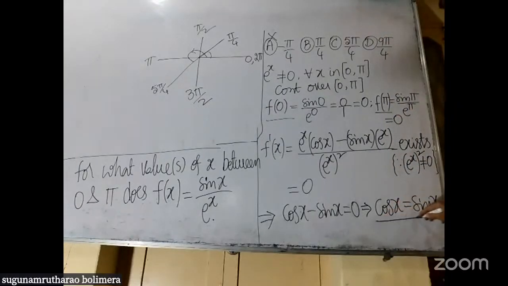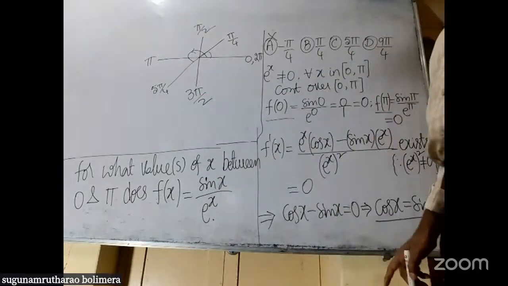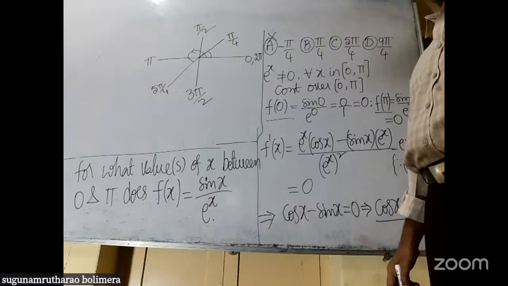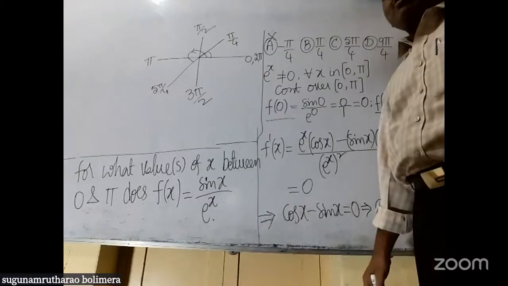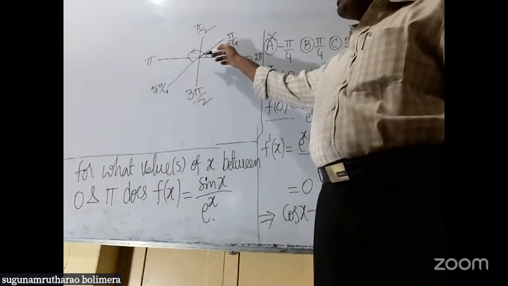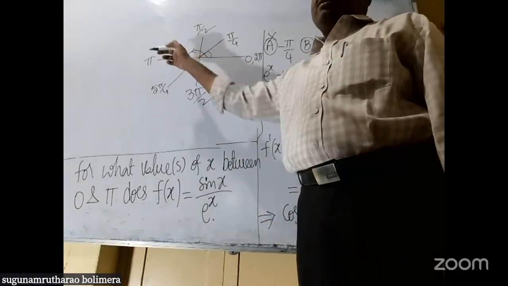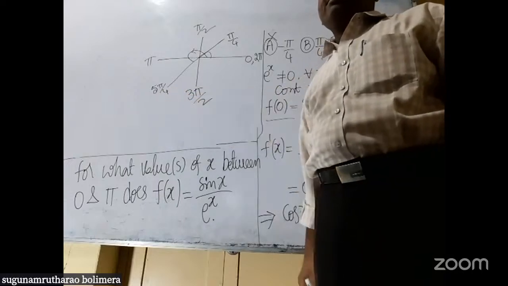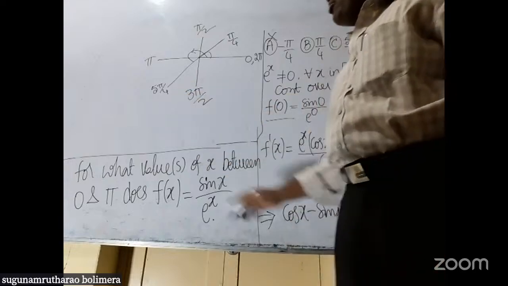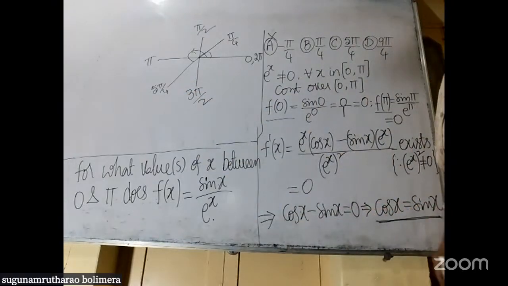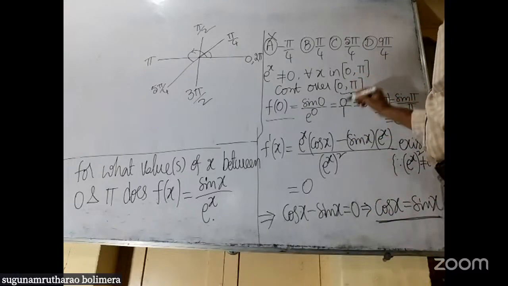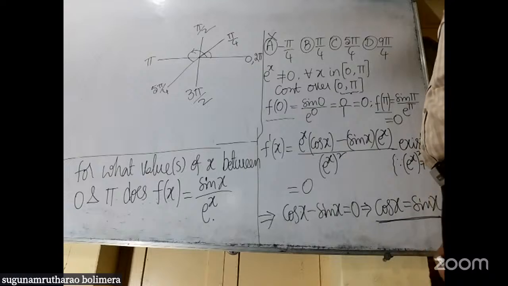Cos x equals sin x for 5 pi by 4 also, because sin is positive in the first quadrant and second quadrant, and sin and cos both are negative in the third quadrant. So at 5 pi by 4 also both are equal. But it is not lying in between 0 and pi. It must lie in between 0 and pi.